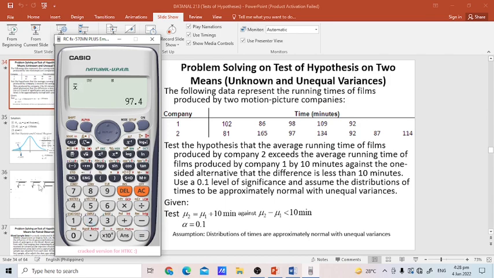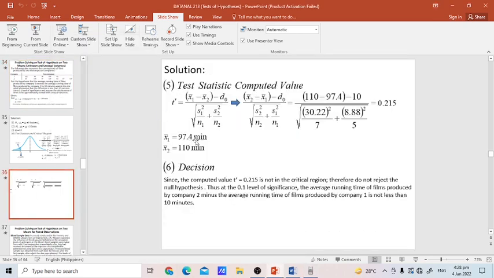We have 97.4 minutes. So that will be our answer, 97.4 minutes.